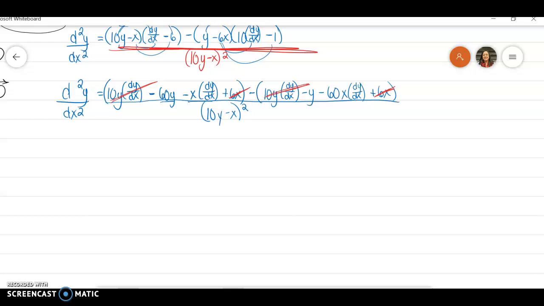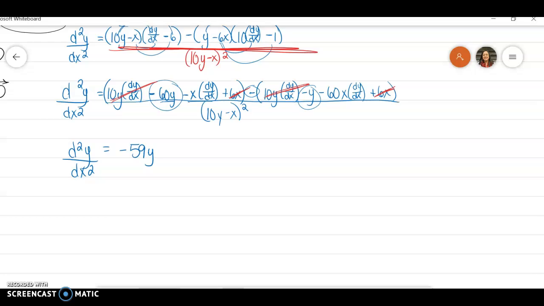But what I do have left are some common terms up there. If I rewrite that and combine my common terms, that's going to leave me with a negative 6y, negative 60y minus a negative y. So that's negative 60y plus y, which leaves me with a negative 59y.